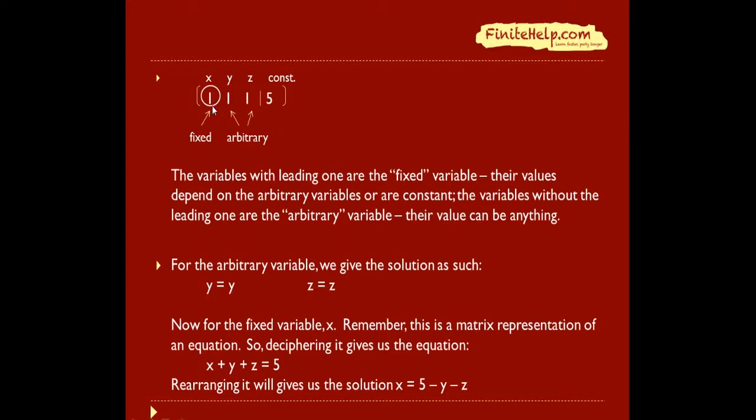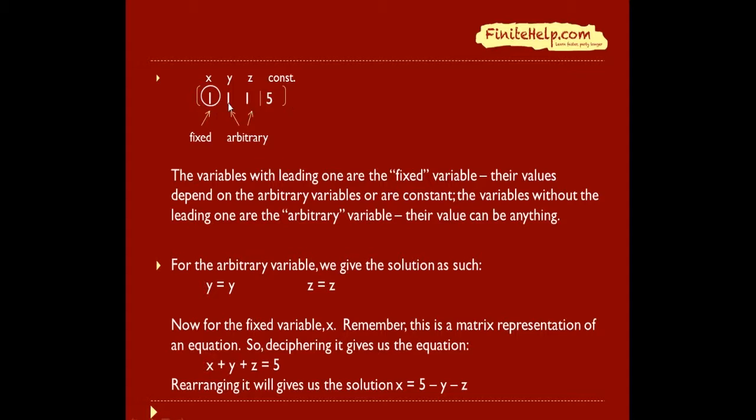So here's what it means for y and z to be arbitrary: they can be anything. There's only one equation here, but we have three different variables. So basically, you can give me any y and any z, and I can give you an x that will satisfy this equation. That's what it means for y and z to be able to be anything.